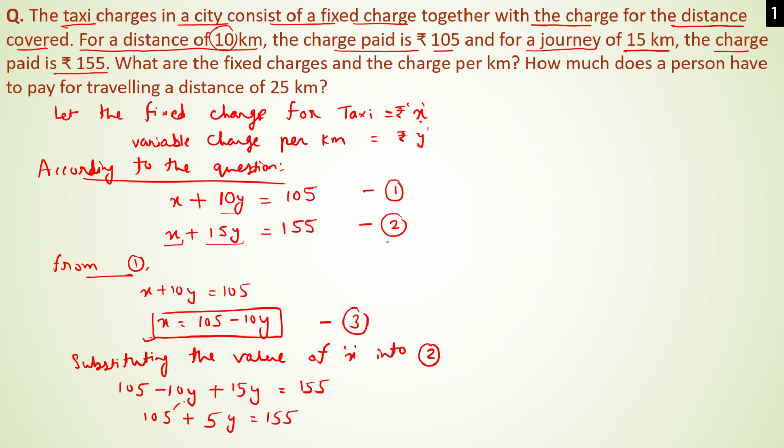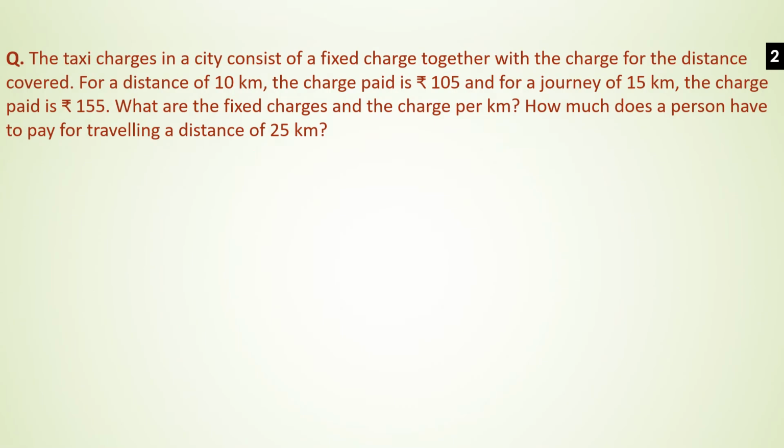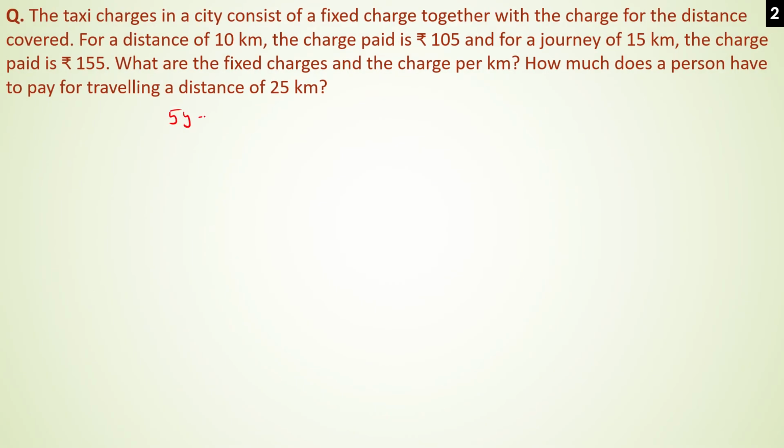So shifting 105 towards right hand side, we get 5y equals 155 minus 105. So we get 5y equals 50. So the value of y is 50 by 5, that means 10.